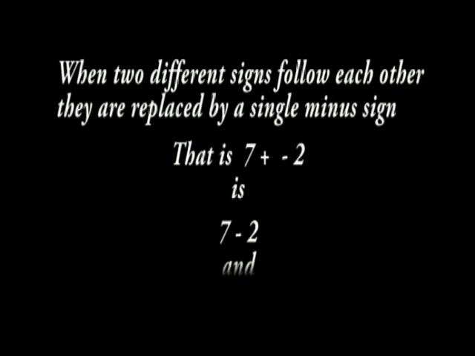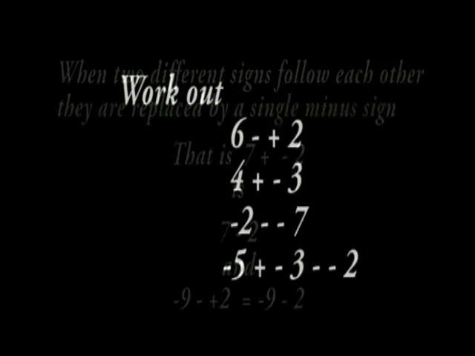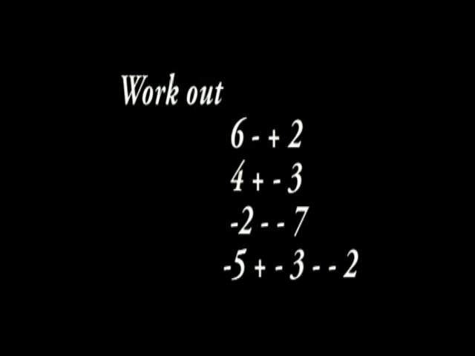Similarly, minus 9 minus plus 2 can be written as minus 9 minus 2. Further examples. Work them out and see if you get the correct answer. You can consult with your friends.